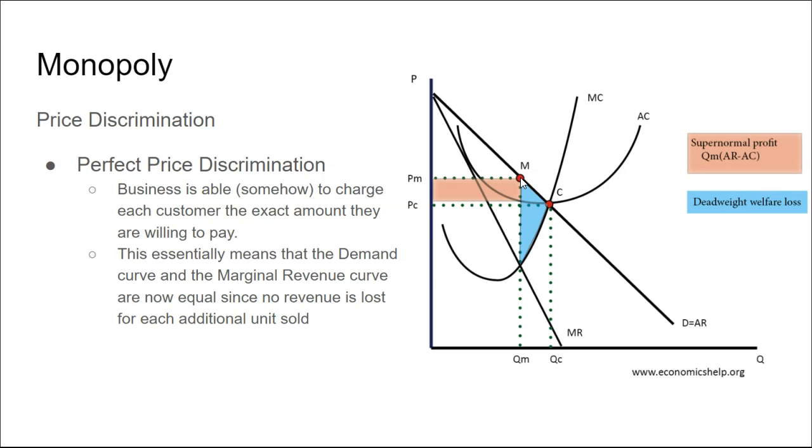So how much would I produce at this point? Well, I produce where my marginal revenue equals my marginal cost. Where does that occur? Well, again, now, because of the price discrimination, my demand equals marginal revenue. So marginal revenue equal to marginal cost, there. Okay, so I'll be producing at QC.